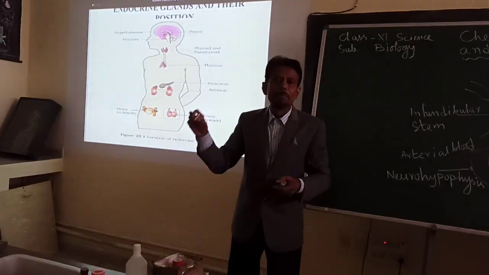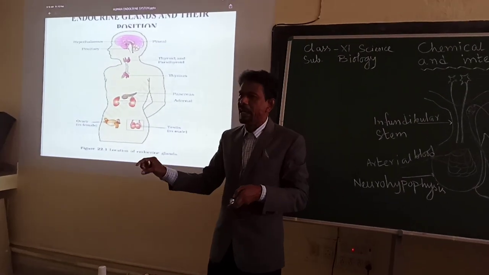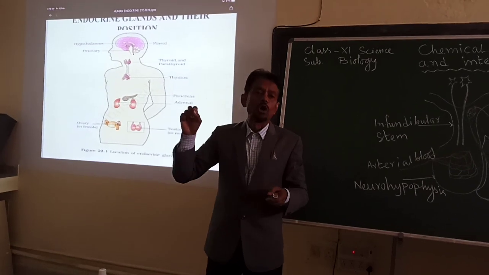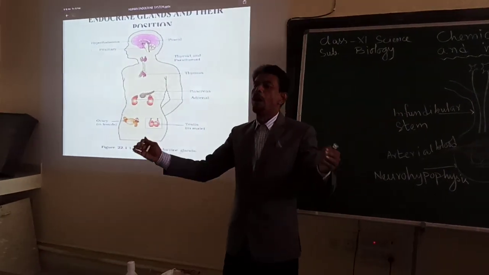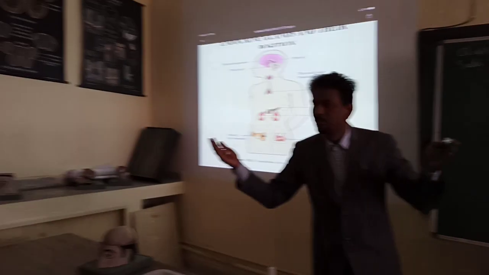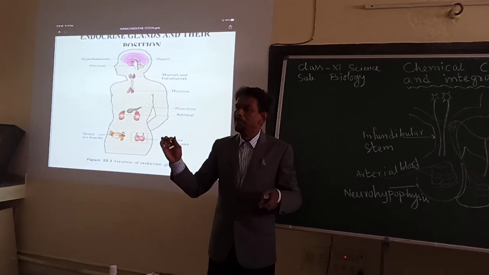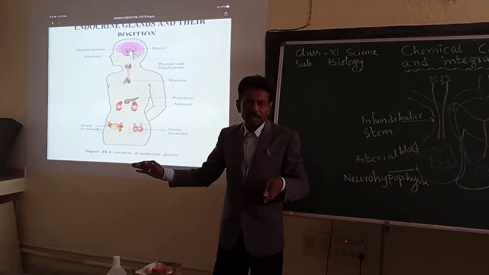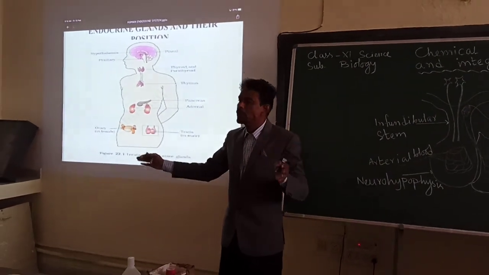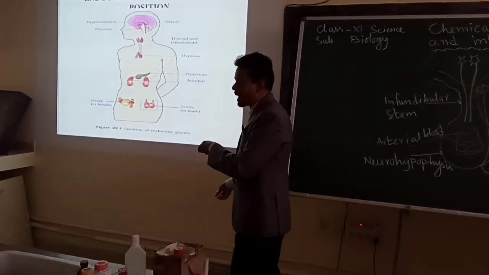It has some patches of cells within it, called islets of Langerhans. It has alpha cells, beta cells, delta cells, and how the different hormones are produced from them, I will show you separately.